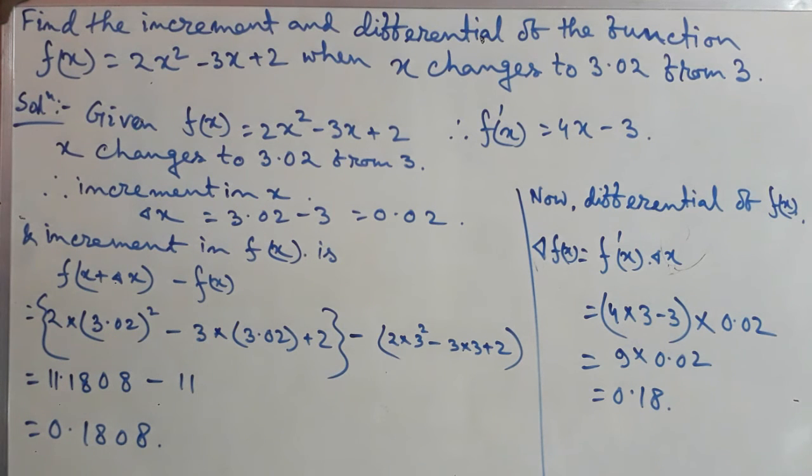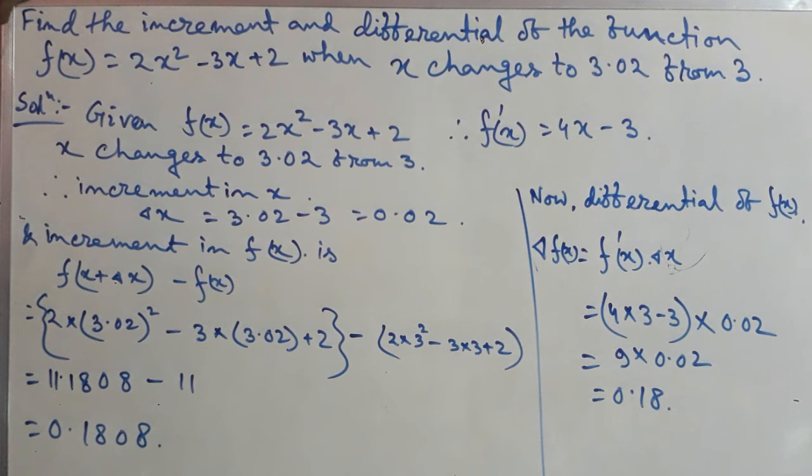Now the increment in f of x. We got the increment in x, now the increment in f of x is f of x plus delta x minus f of x. Here x plus delta x is 3.02, and x is 3. Putting the values 3.02 and 3 in the given function, we get two values, and subtracting we get 0.1808.